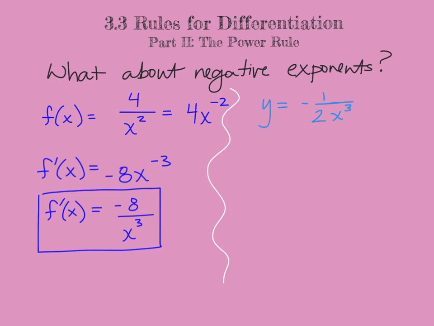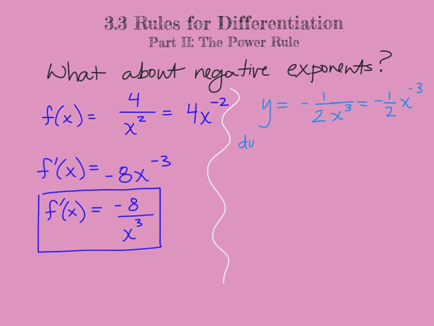For this next example, we have y equals negative 1 over 2x cubed. I'm going to rewrite this as negative 1/2, that's our coefficient, and this is really x to the negative third. Now we can use the power rule because it looks like x to the n.